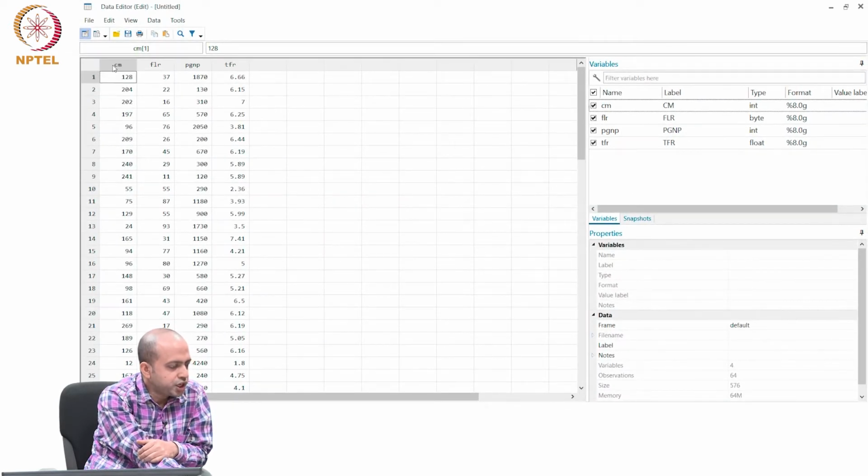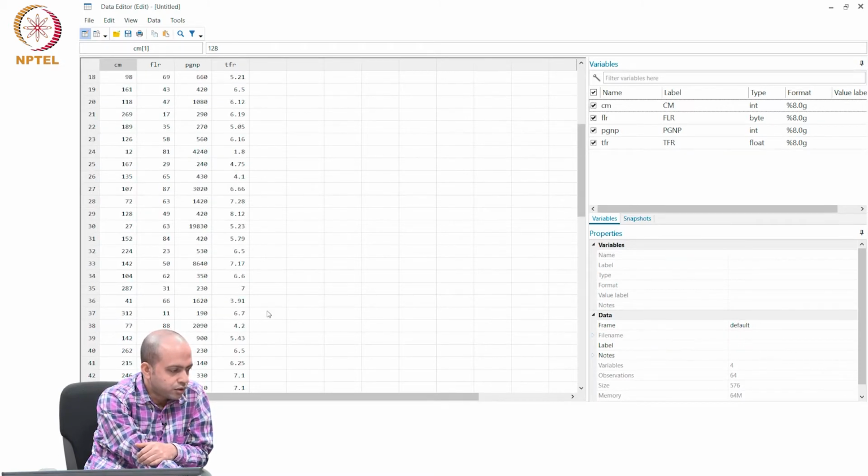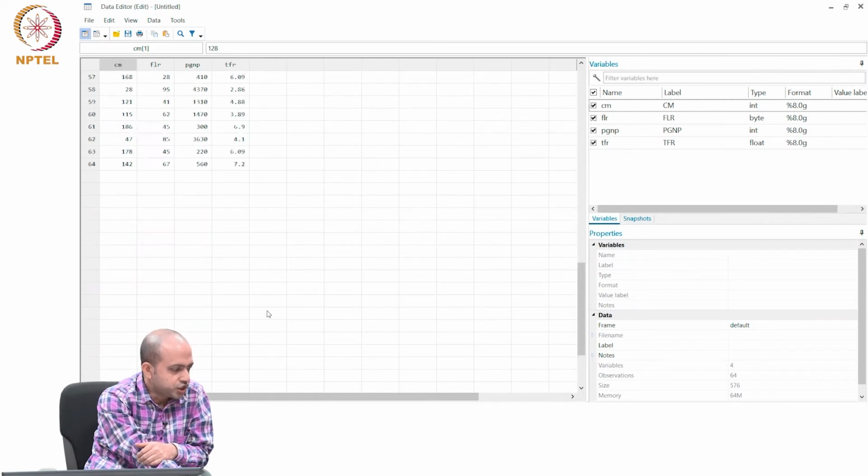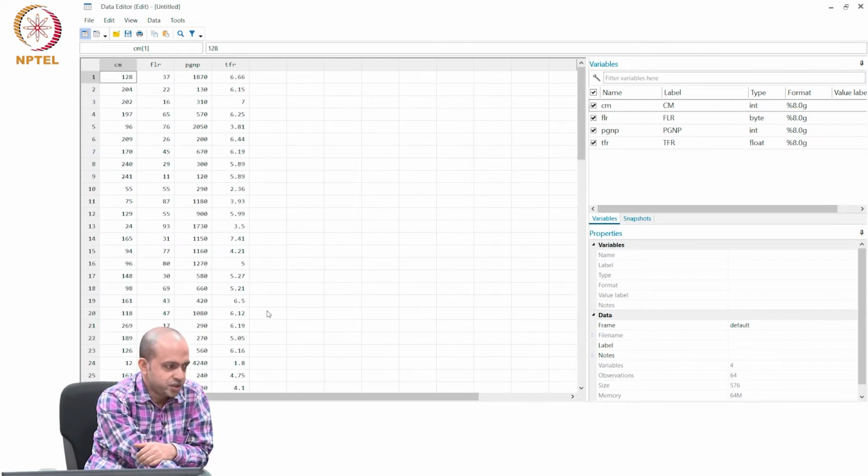This is child mortality rate, this is female literacy rate, this is per capita GNP, and this is total fertility rate, and some other variables, and we have state level data of 64 states. This is the state level data.